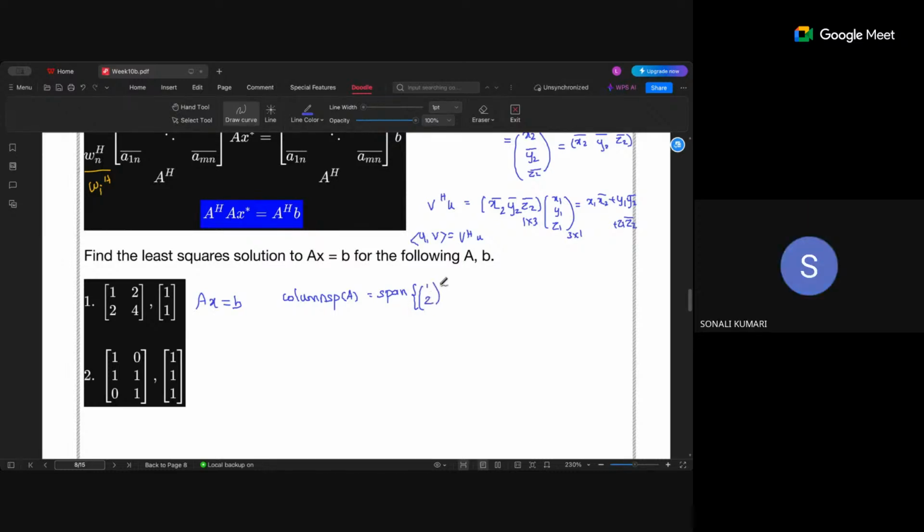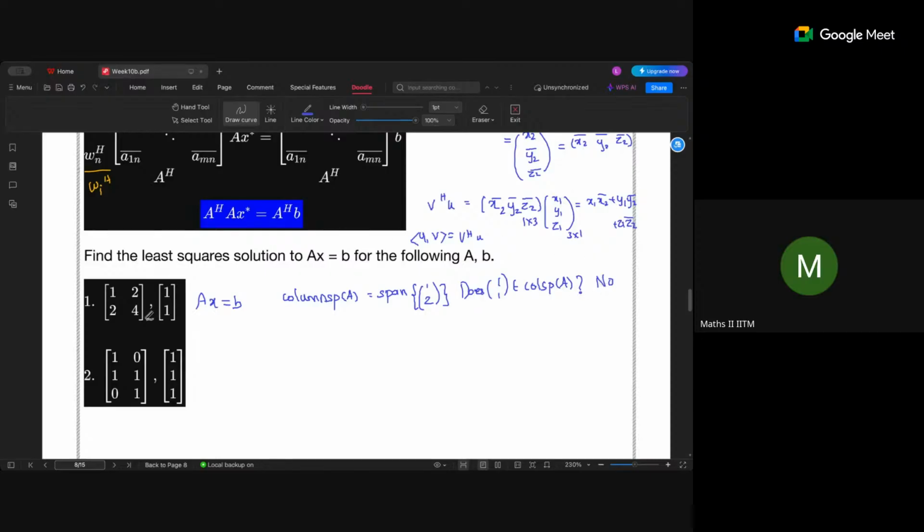So this is the span of one single vector. Now, does 1 comma 1 belong to this span? No. 1 comma 1 is definitely not of the form 1 comma 2, so this is definitely not there.